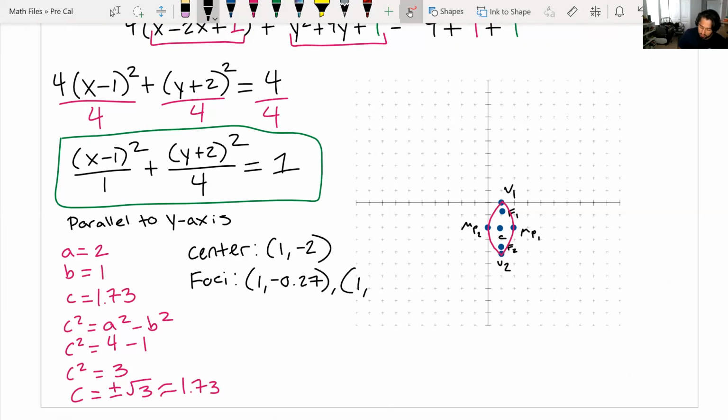And 1, and then we did -2 minus 1.73, which would be at -3.73.